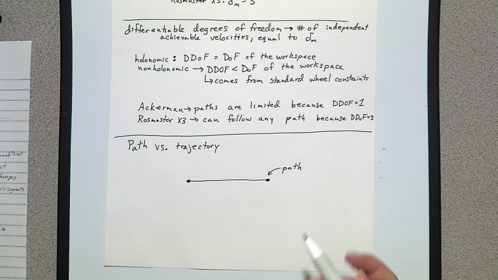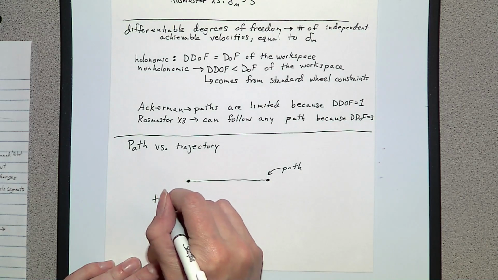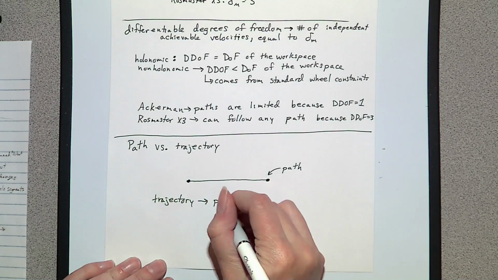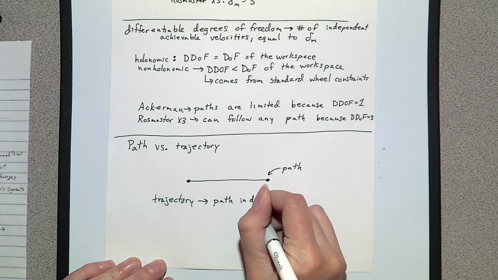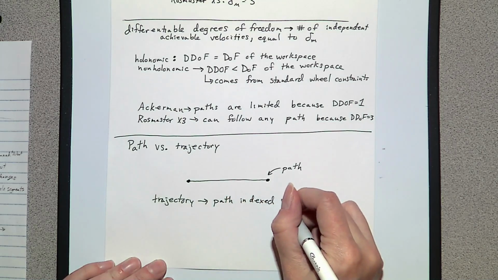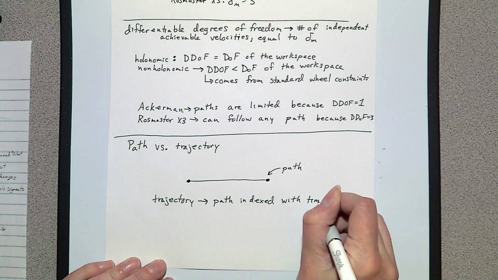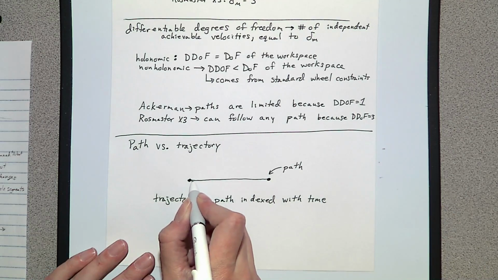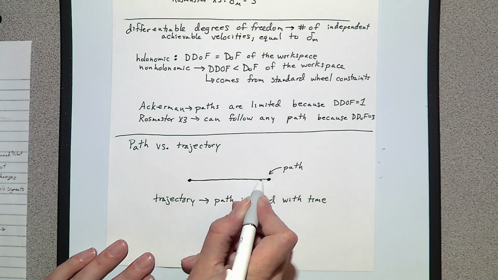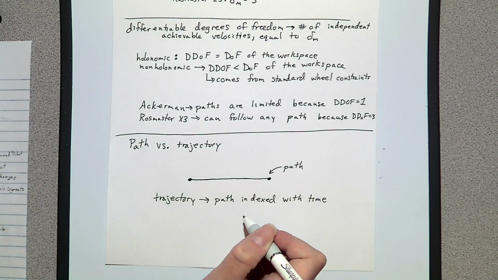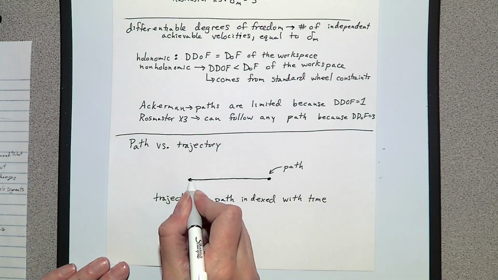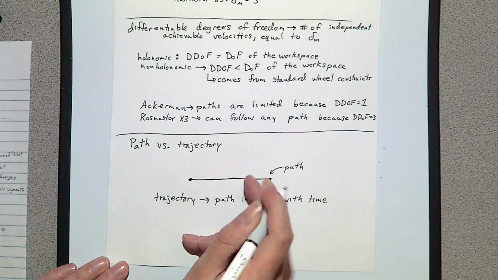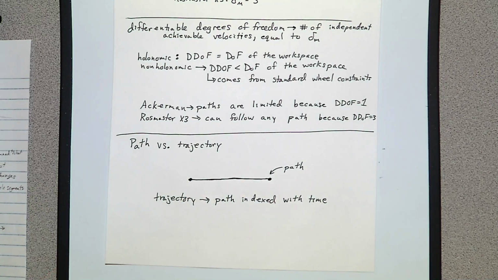The trajectory is a path indexed with time. So, for example, I could start here and I could go fixed velocity along the path. So that's one type of trajectory. I could maybe go fast and then slow, fast, slow. And I'm still moving on the same path, but the trajectories are different.